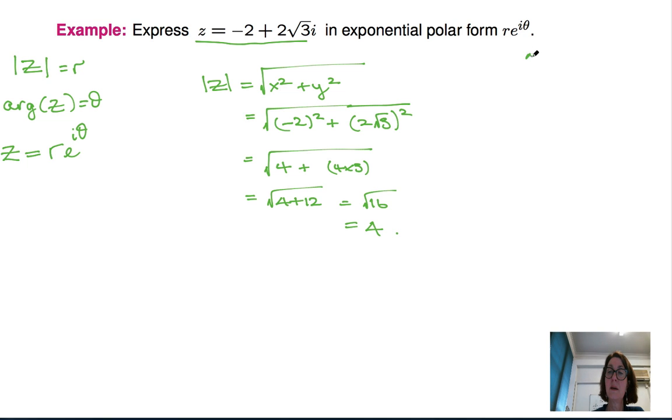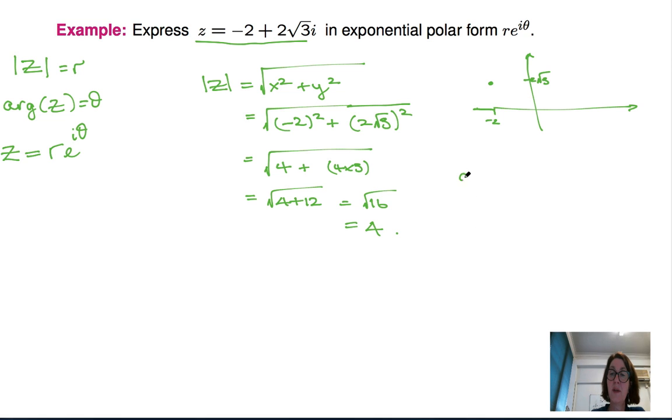And remember, draw yourself a little diagram. So now our complex number is minus 2 on the real axis, and it's 2 root 3 on the imaginary axis. So the complex number here this time is in the second quadrant. So we'll have to be a little bit careful when we're finding the angle theta.